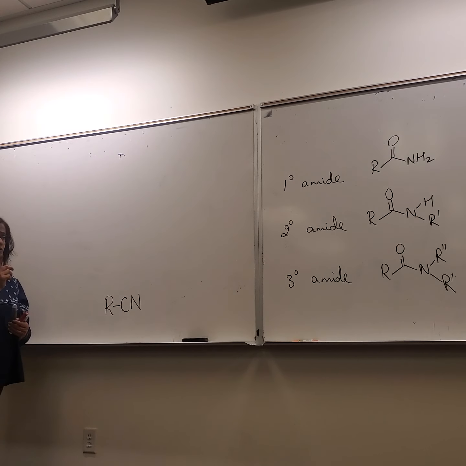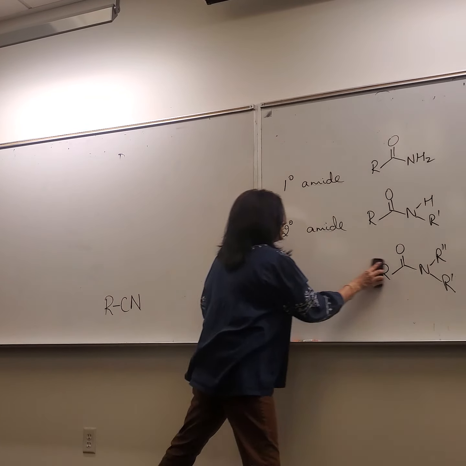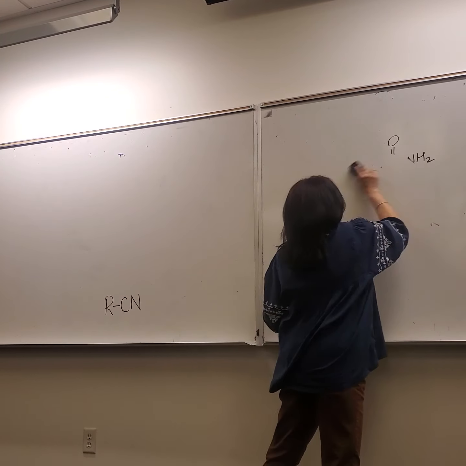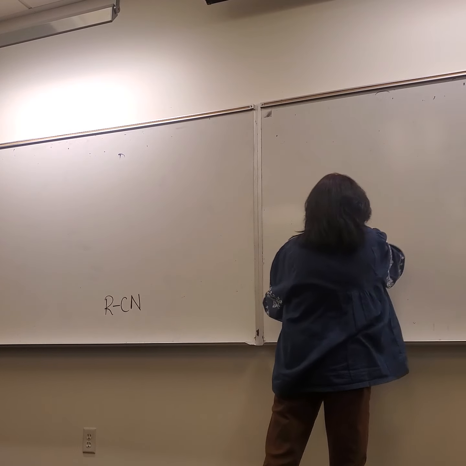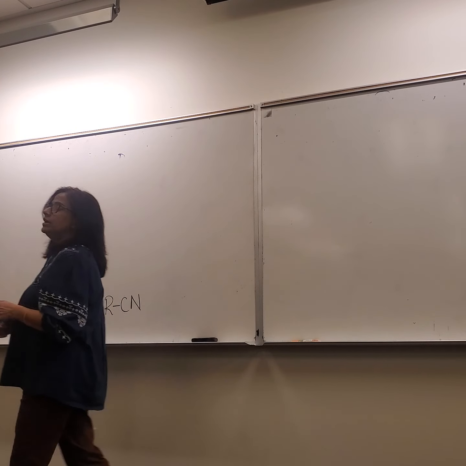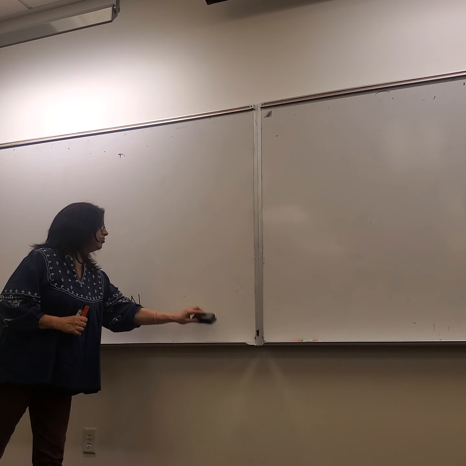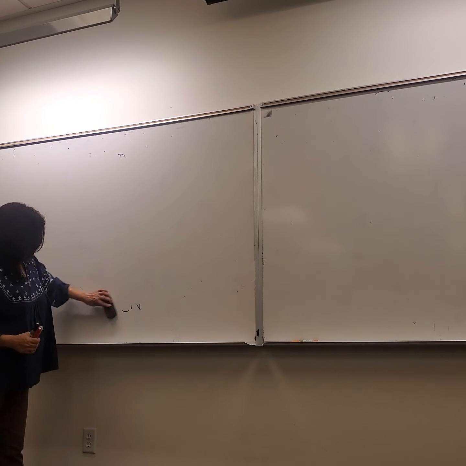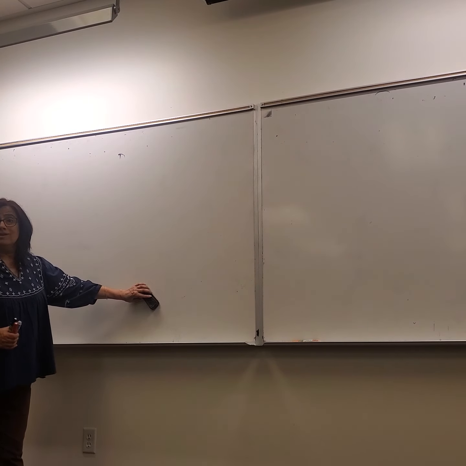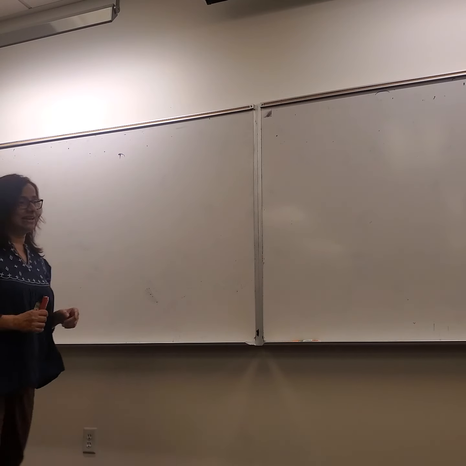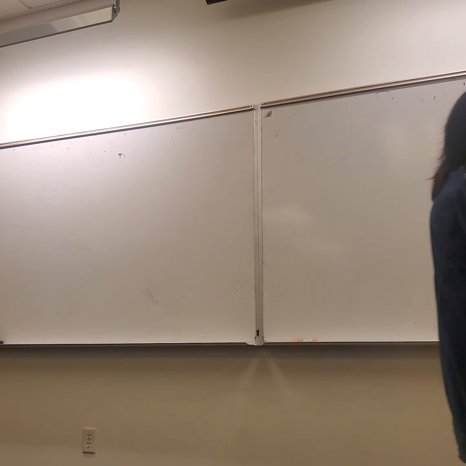The cyano group, nitriles. Those are also considered to be derivatives of carboxylic acids. So we will learn how to name each of these families one step at a time. There's no CO, you're right, but it comes from there and goes back to that.